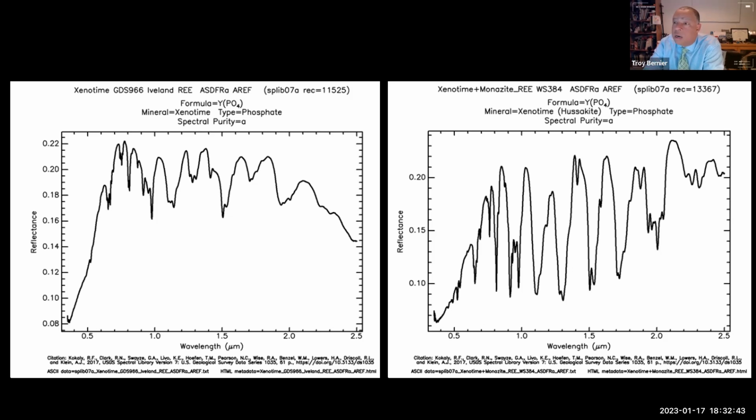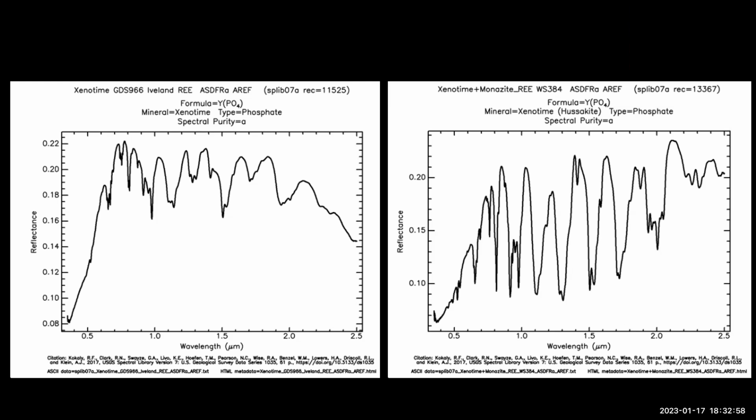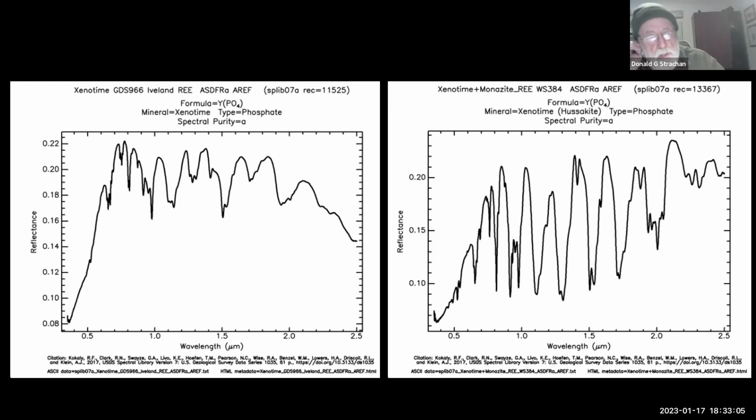The last thing here is an interesting mineral, and this is a very different spectra. Can anybody tell me why these spectra are so different from each other? Well, one might be the crystal and one might be the powder, like the last one. Well, you've got monazite and xenotime in one.